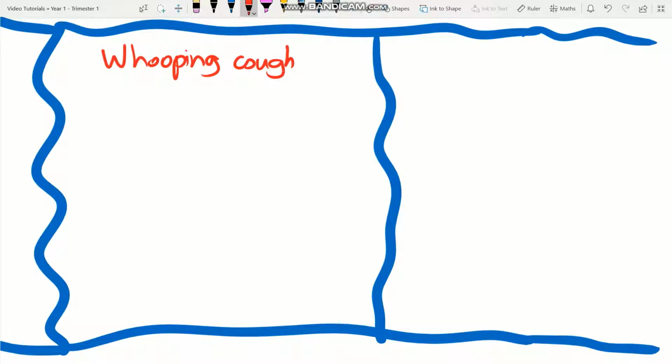So what essentially happens in whooping cough is that the bacteria, which is called Bordetella pertussis, is able to interact with cells in the lungs. And let's say this is the cell. And this cell has a G protein coupled receptor, 1, 2, 3, 4, 5, 6, 7, present on its extracellular surface.